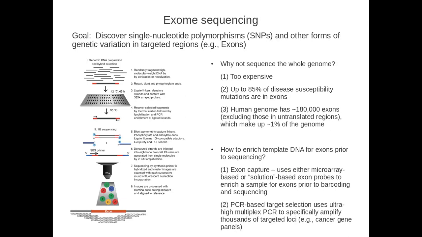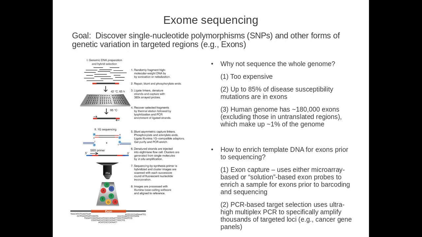You then pull out, using various biochemical techniques, sometimes a microarray, sometimes a solution-based, bead-based technology, to hybridize the probes to the exons in your sample genome after, of course, shearing the DNA, hybridizing to these probes, pulling the probes out, which are now hybridized to the exons, and then eluting the exons and sequencing them.